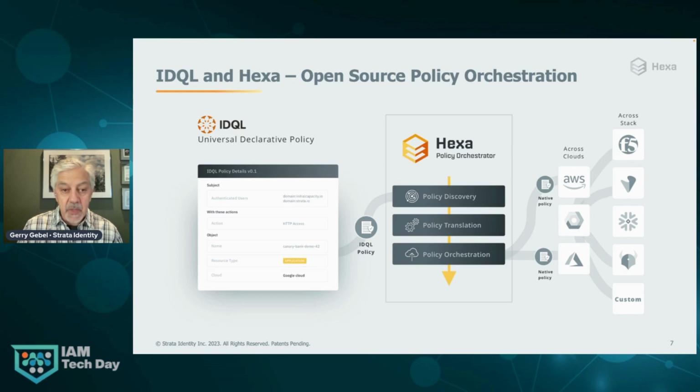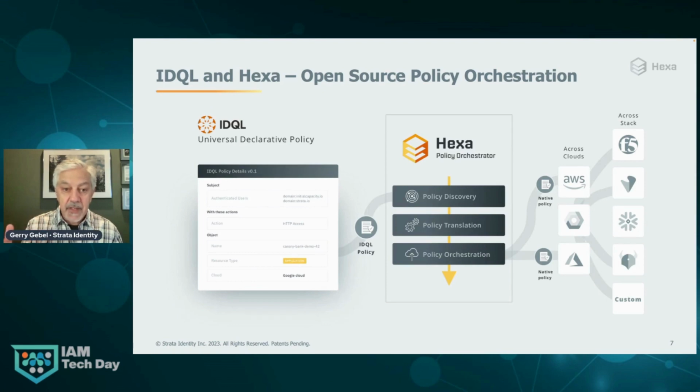That is, I can connect to a target environment that I have an integration for and do policy discovery. That is, connect to that environment, see what applications and resources are defined and what policies are associated with them. I can pull that back into the HEXA system and translate that to IDQL.